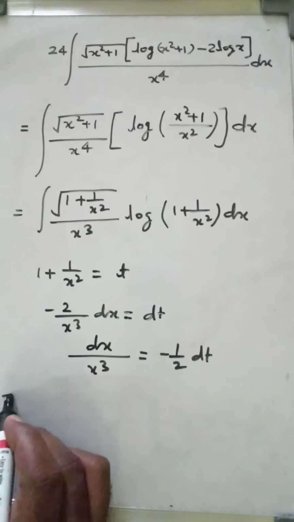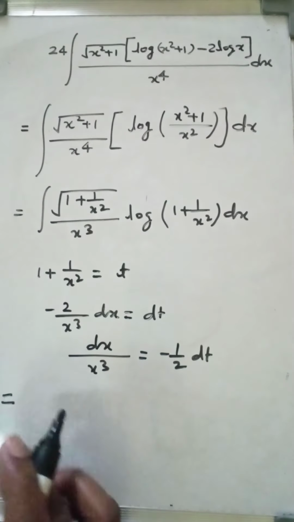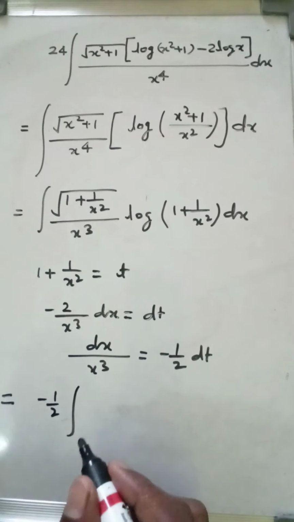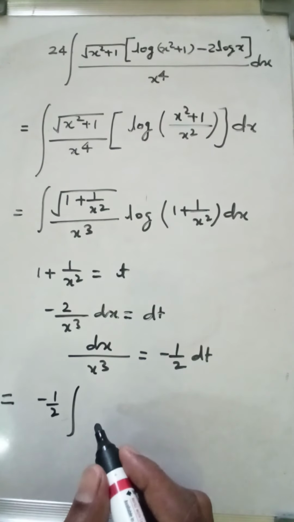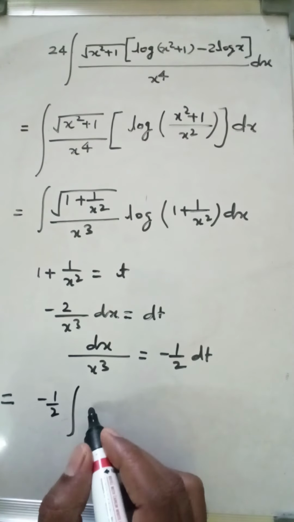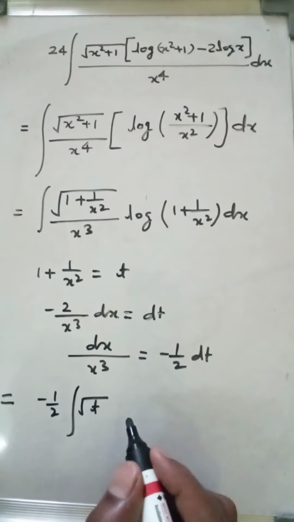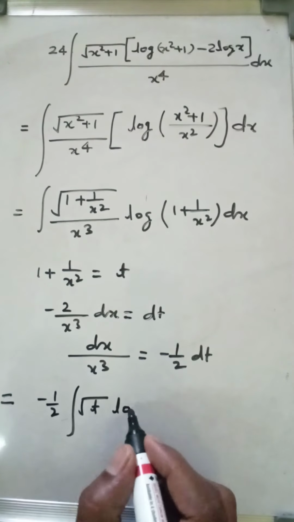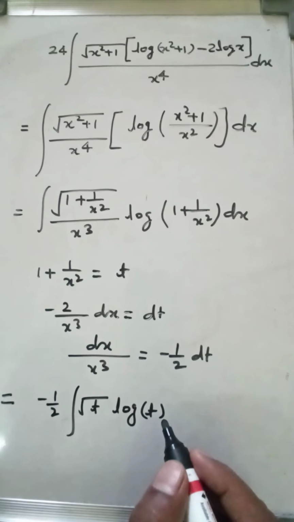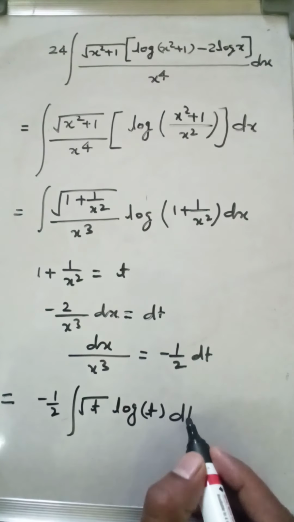Okay, so finally this integration can be written as minus 1 by 2, root t, log of t into dt.